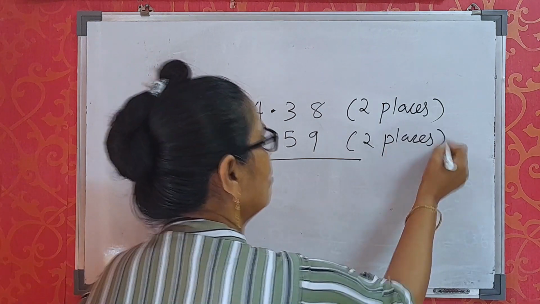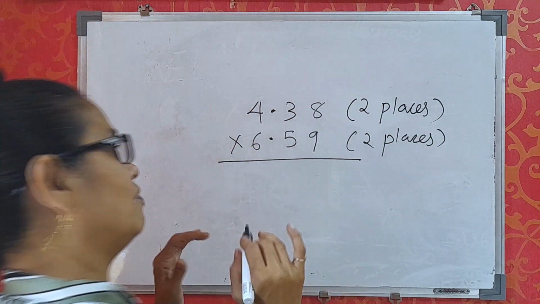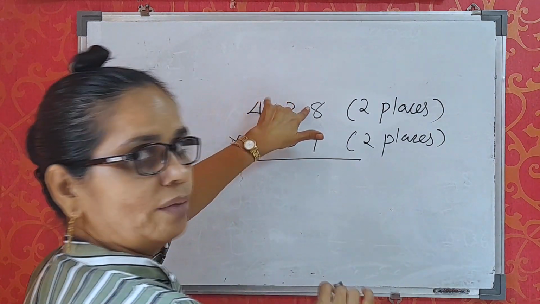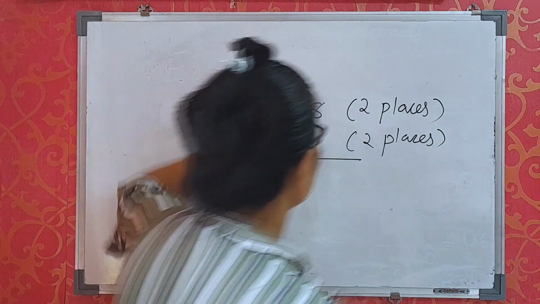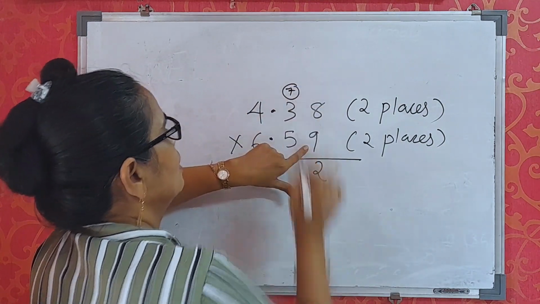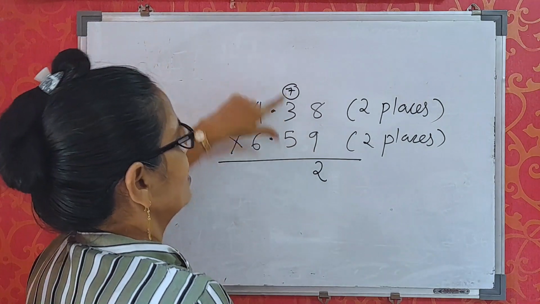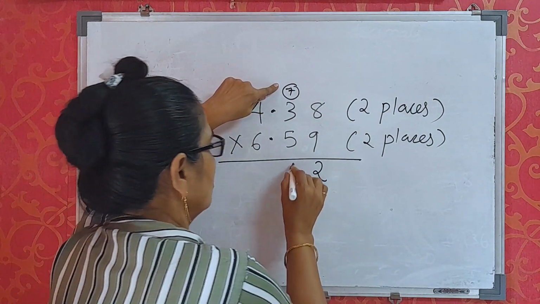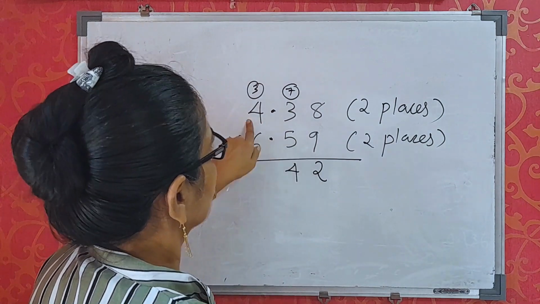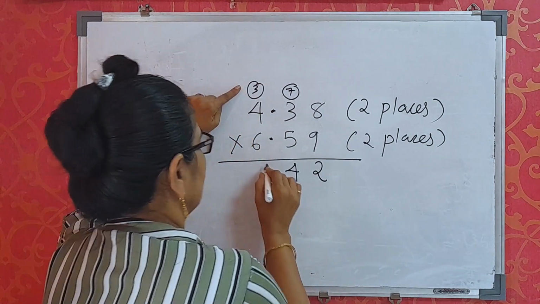Right? So now how you are doing multiplication? That way you do the multiplication. So put your finger and do one by one calculation. 8 nines are 72, 2 here, 7 carry forward, 3 nines are 27, plus 7, 34, 4 here, 3 carry forward, 4 nines are 36, plus 3, 39.